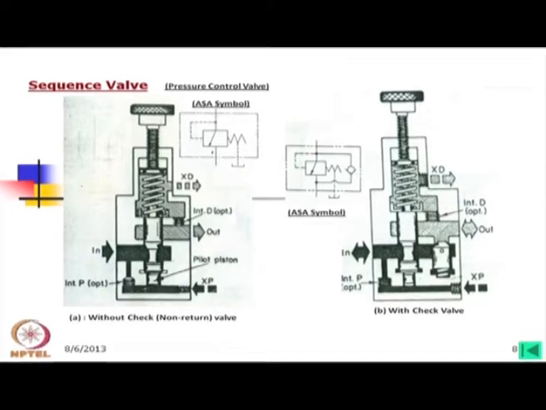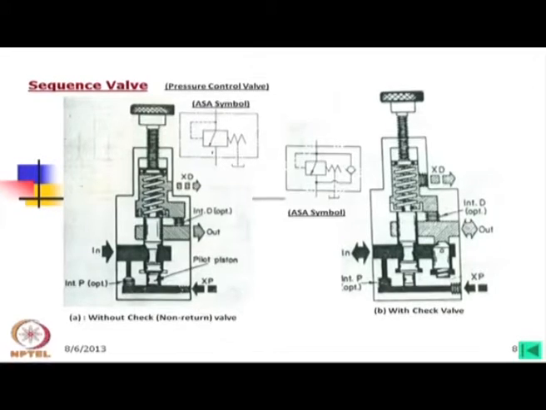Now, we shall consider the sequence valve. The sequence valve, we can call it also a pressure relief valve, but better we should call it a pressure control valve. Now, this sequence valve has different applications. Ordinarily it looks like a relief valve.